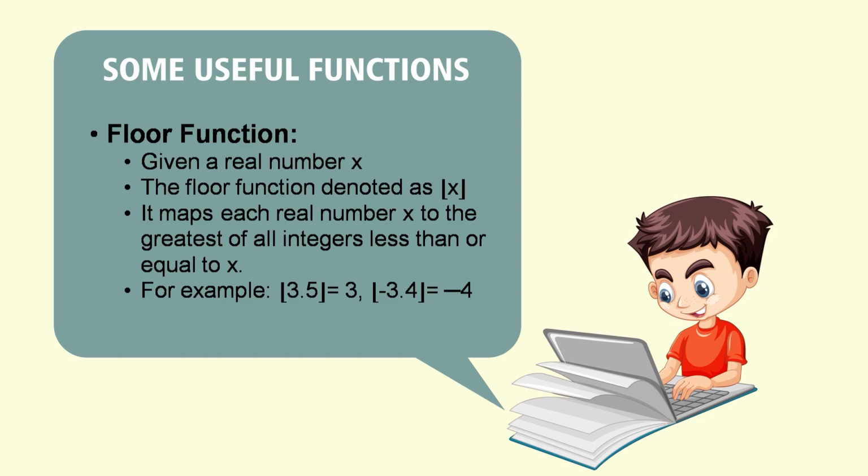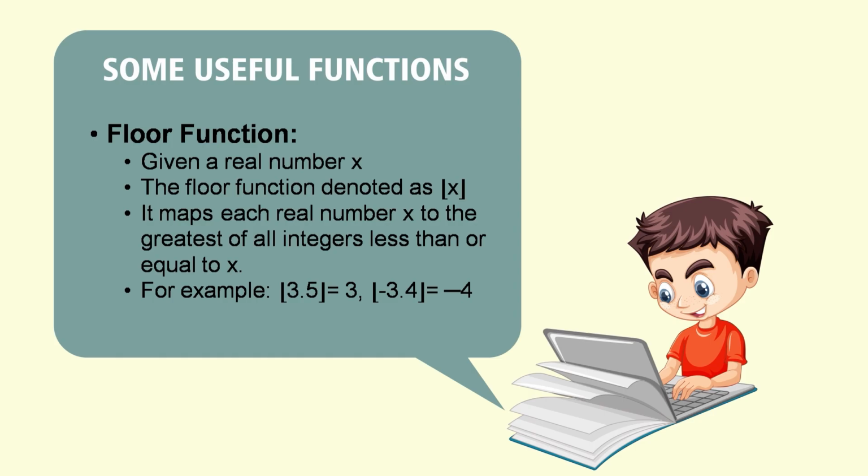The floor of 3.8 is still 3. The floor of minus 3.4: the greatest of integers less than or equal to x is going to be minus 4, not minus 3 in this particular case, because minus 3 is higher than minus 3.4.